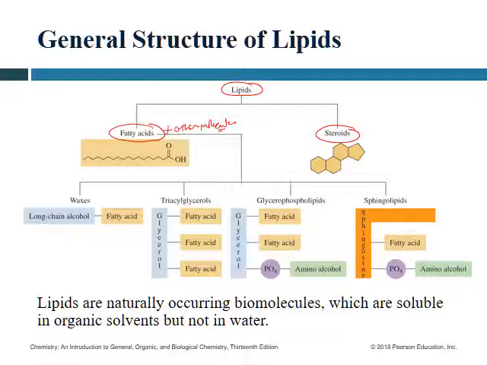So there are four types of lipid that contain fatty acid in their structure. What are those lipids? Waxes, triacylglycerol, glycerophospholipid, and sphingomyelin for sphingolipid.